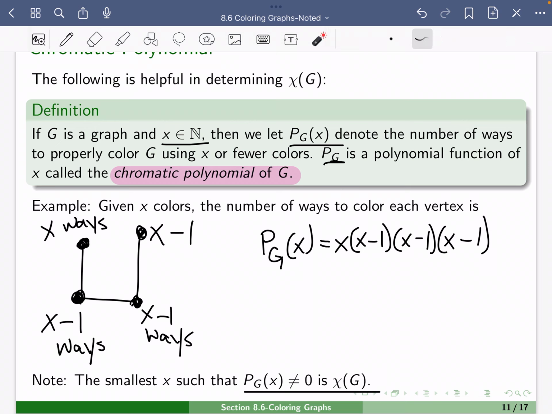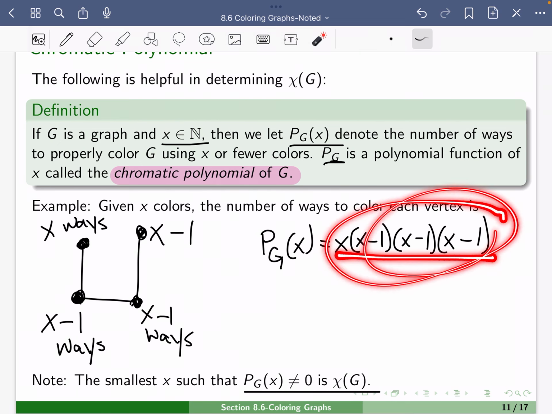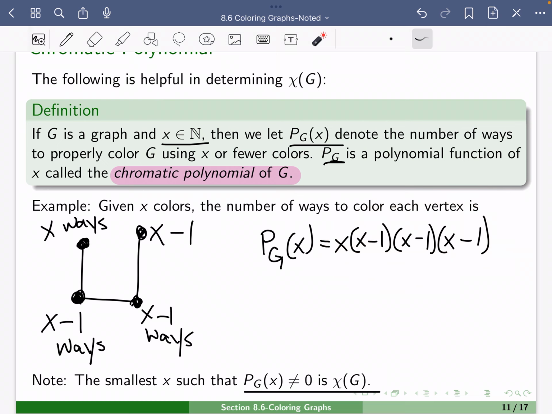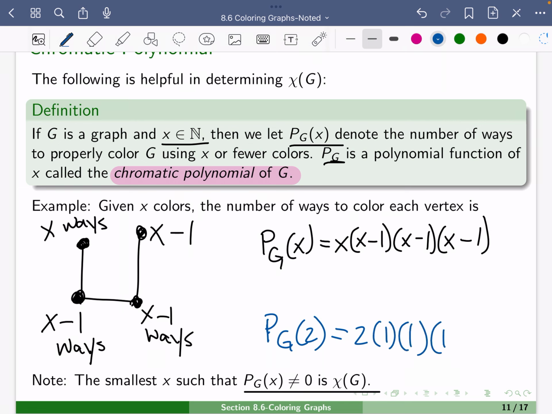So notice if we were to plug in 1 here, that would zero out this polynomial. If we plug in 2, it won't zero out the polynomial. And so if our value of x is 2, we end up with 2 times 1 times 1 times 1, which is 2, which is not 0.